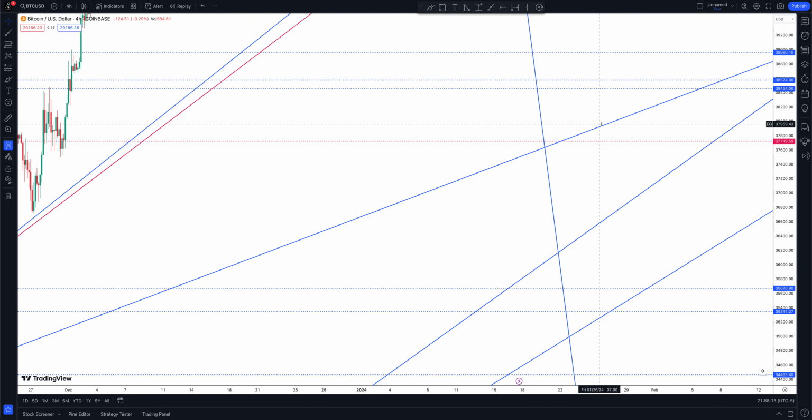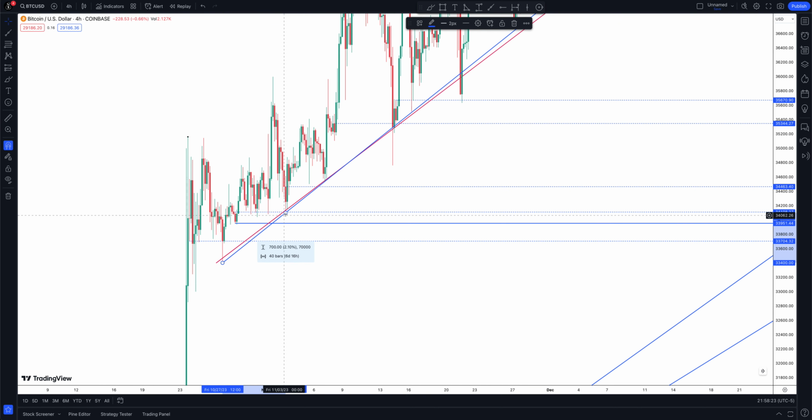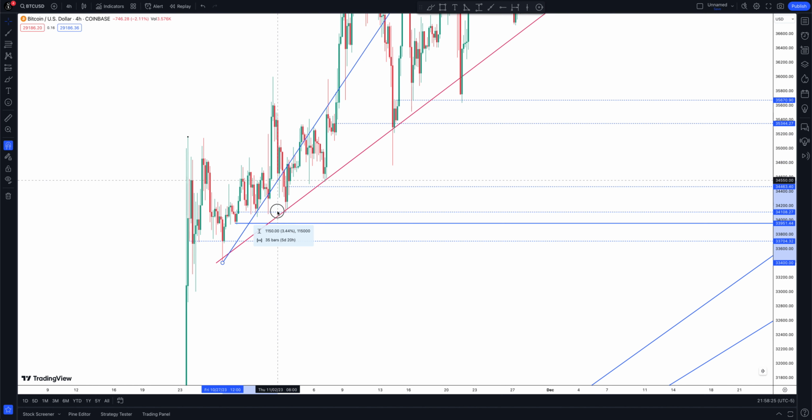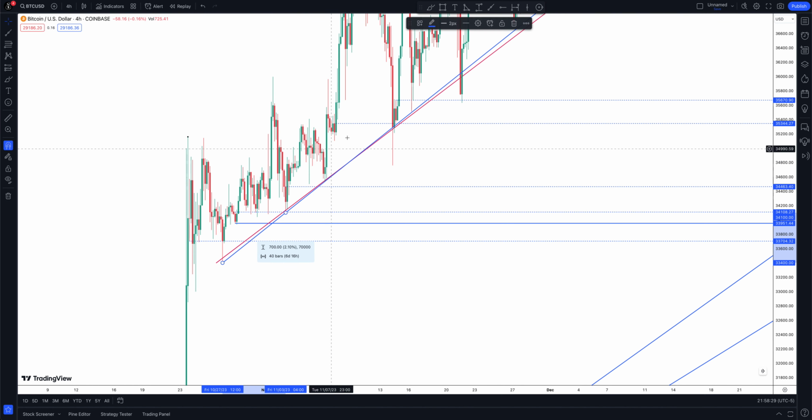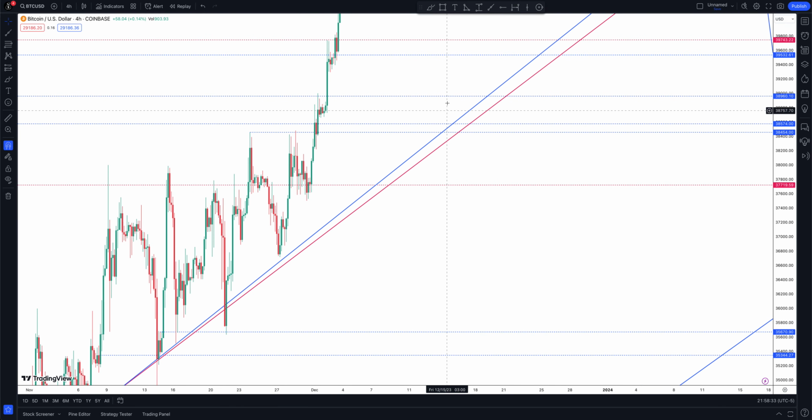Obviously that's super far from now. So what I did was I just arrayed from this point, and then to the next you evolve it to the next swing low. As you can see, by doing so, this also closely aligns with that daily.